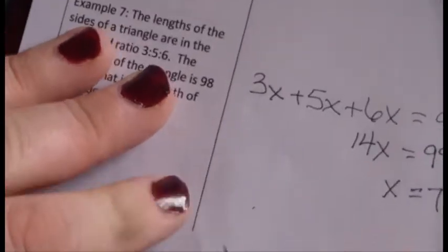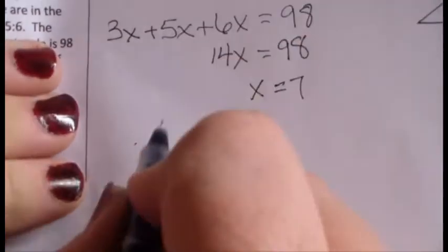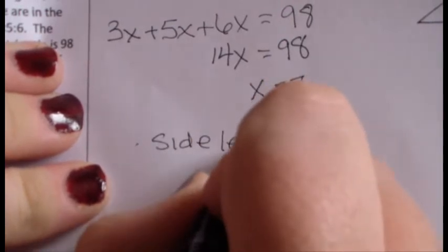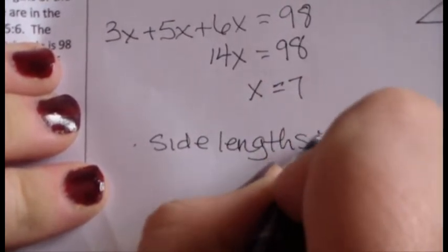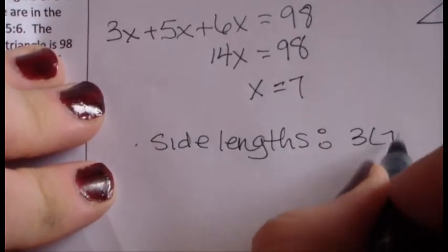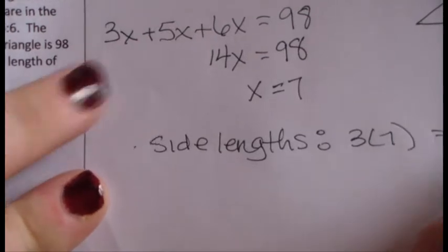So our side lengths: one of them was 3x, so 3 times 7, which is 21 units.